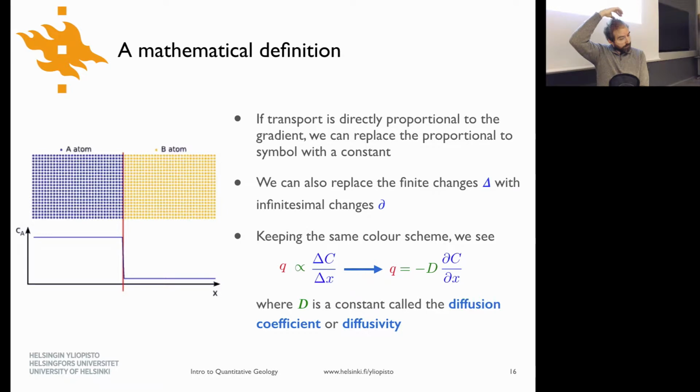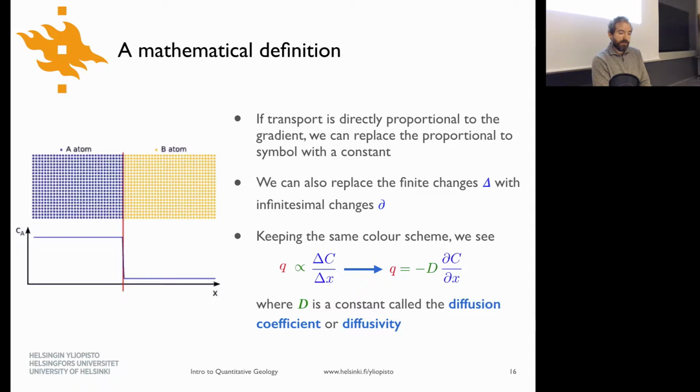We can keep basically the same color scheme and convert this equation to something that is much more like the terms we see in the diffusion equation, and that is to say that this Q is equal to minus D times delta C over delta X. So now you can see that we've gone from being proportional to having an equality here, and our coefficient out here, D, is what's called the diffusion coefficient or diffusivity.